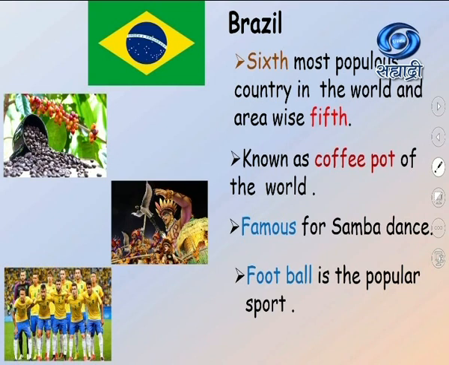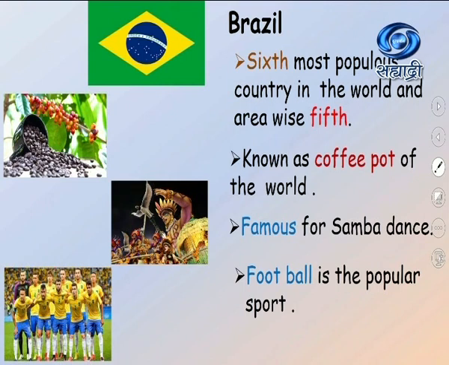Here you see certain pictures of coffee, a dance form, and a team. Seeing these pictures, we know that Brazil is the sixth most populous country in the world and area-wise fifth.